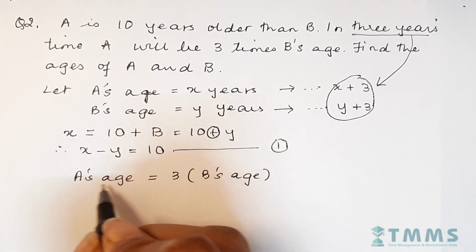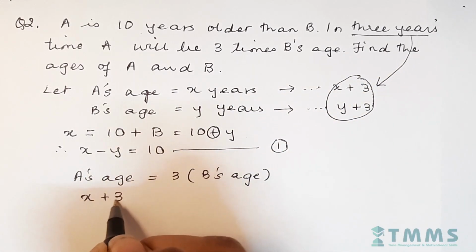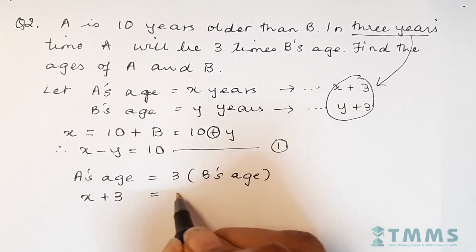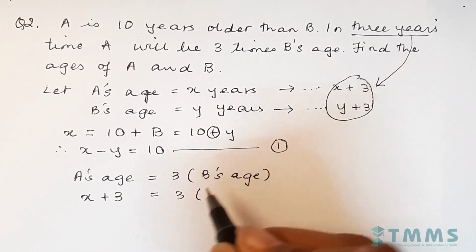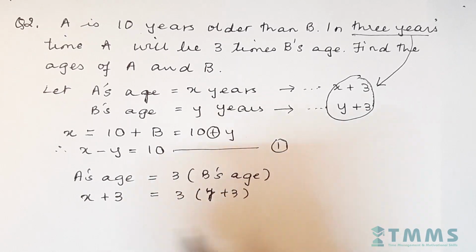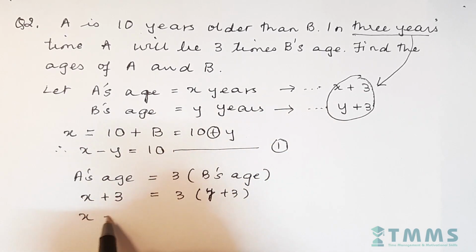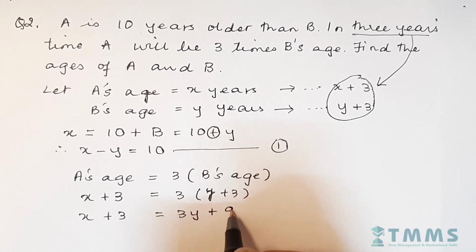What is A's age in 3 years' time? It is X plus 3, right? Now, 3 times B's age, what will be B's age in 3 years? Won't it be Y plus 3? And so, you will just simplify this, opening the bracket, so 3Y plus 9.